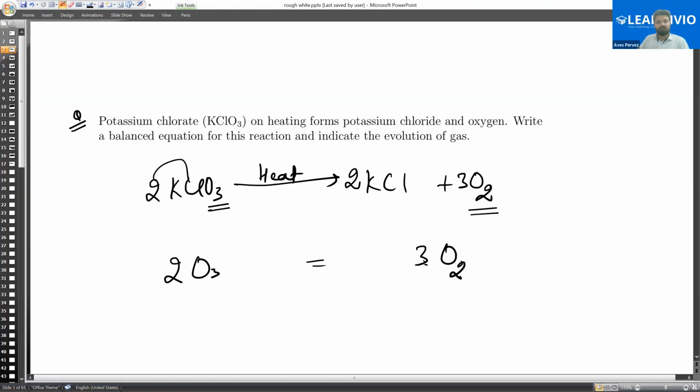Now let's look at this question very carefully. How many of you will use your brain and start doing this question?